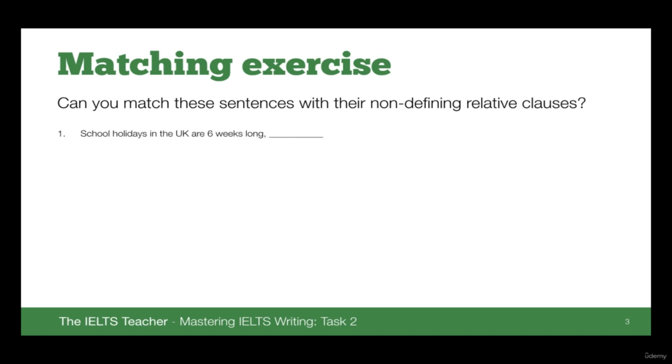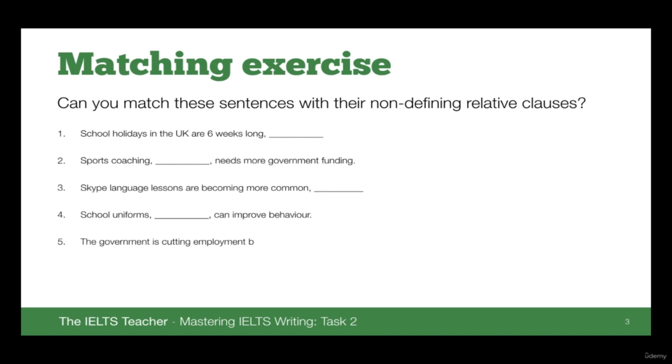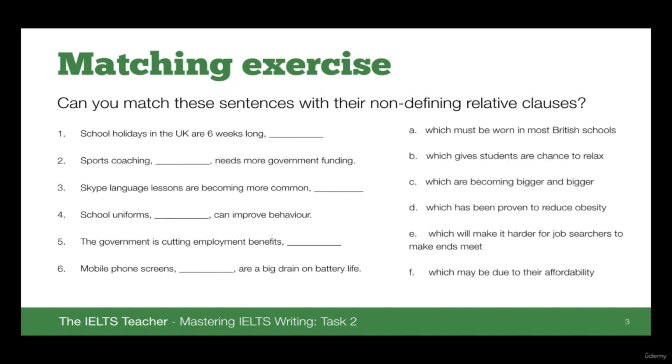So we have 6 sentences and 6 non-defining relative clauses which must be inserted into the sentences. So I want you to pause the video now and see if you can work out which sentence matches with which non-defining relative clause, and when you think you've done that, come back and we'll see if you got them right.